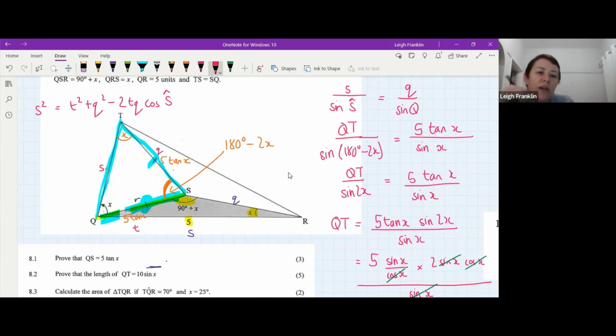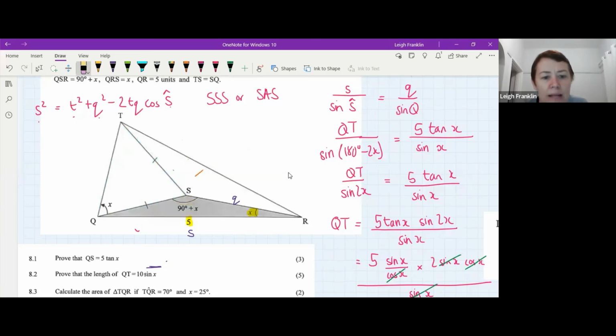When you are working with the cosine rule, you can either use it in a situation where you have 3 sides. So if this side and this side and this side are known, it means you can work out the angle that is unknown. Or you can use it in a side angle side situation. Okay, so a side angle side situation is like this over here. Let me just rub all of this out again and I'll show you what I mean.